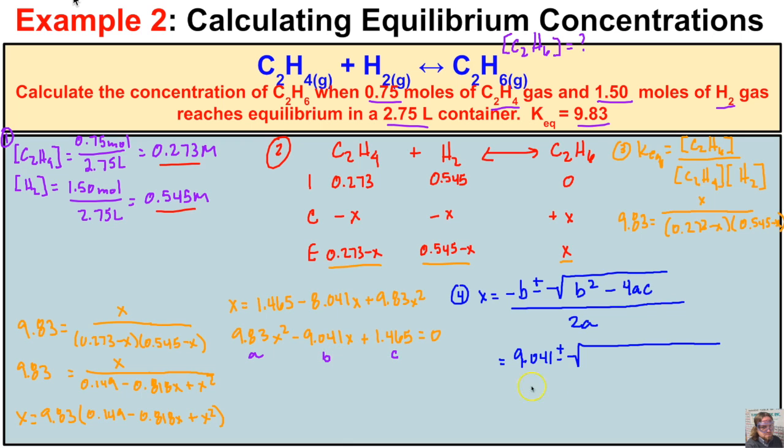Plus or minus the square root of b squared. If we take negative 9.041 and we square this, minus 4 times A, which is 9.83, times C, 1.465. And this is all going to be over 2A, so 2 times 9.83.